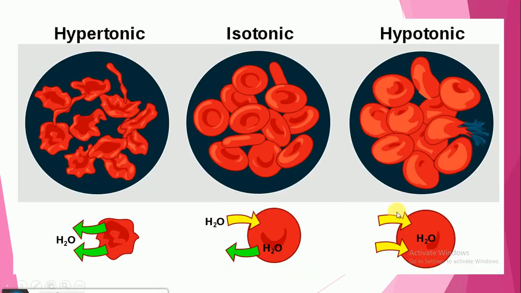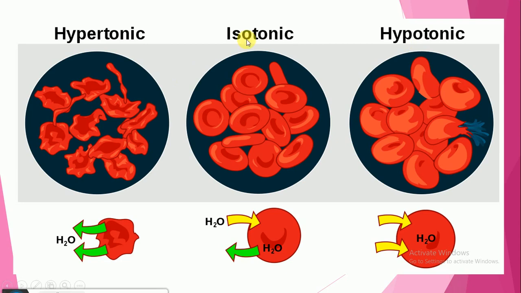So this is another classical example. These are red blood cells, and here the isotonicity is already maintained. And look here, this is a hypertonic solution. It means the shape, the structure, the overall framework of the red blood cell is changed.